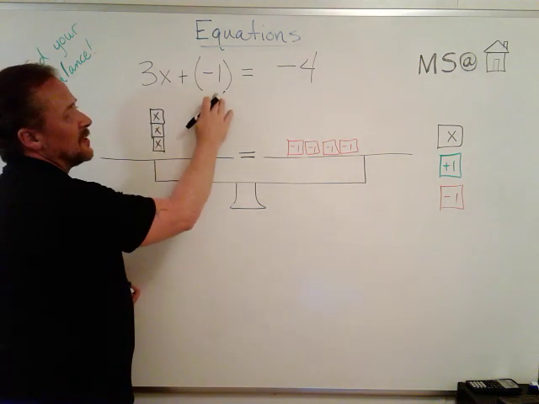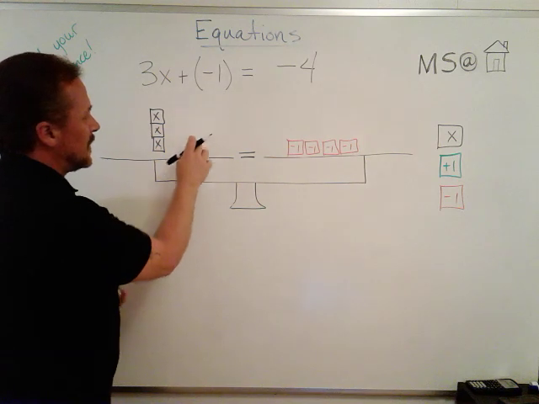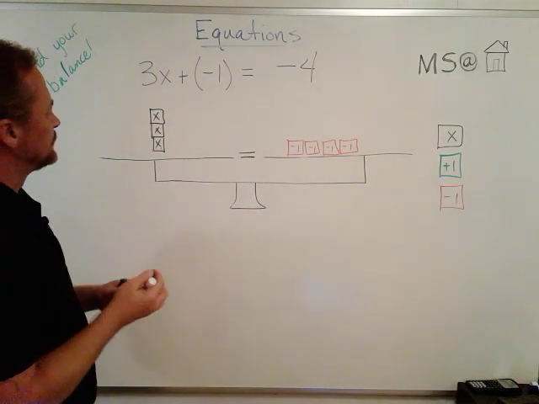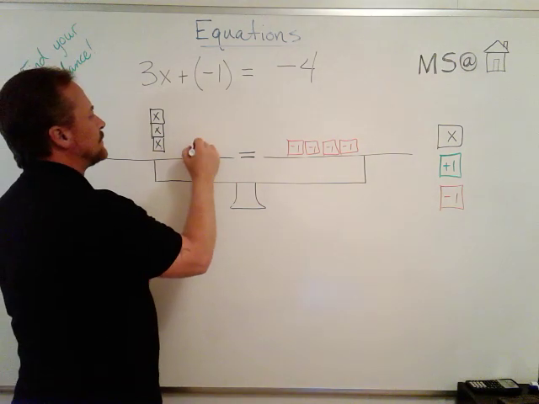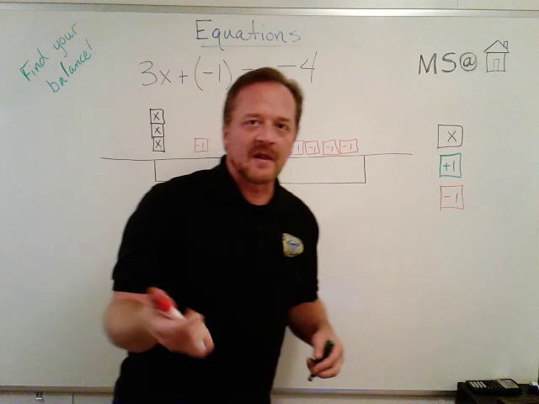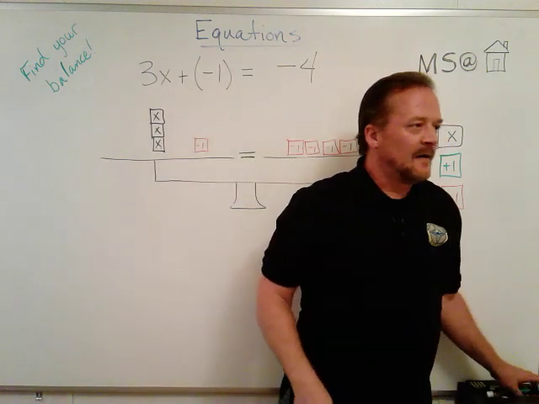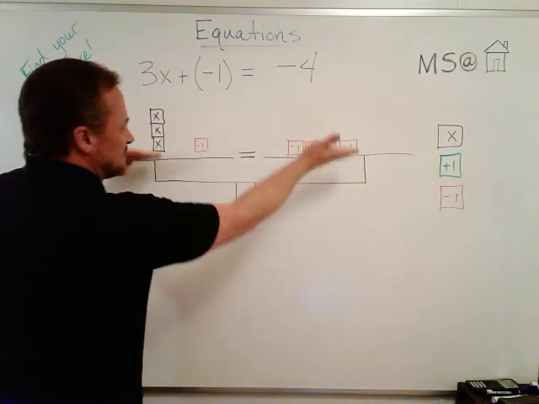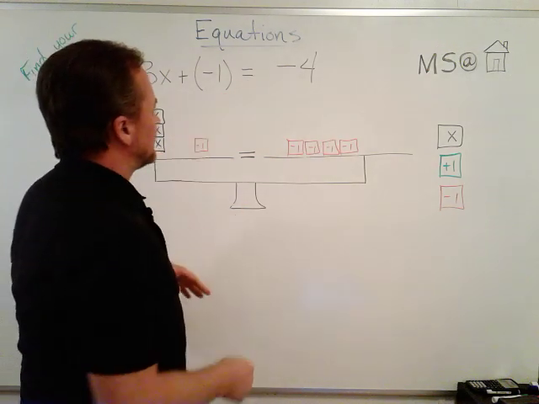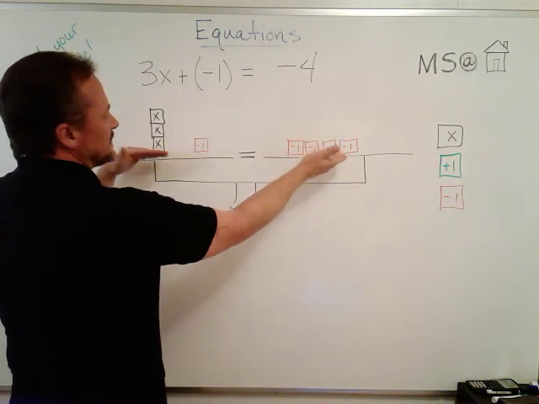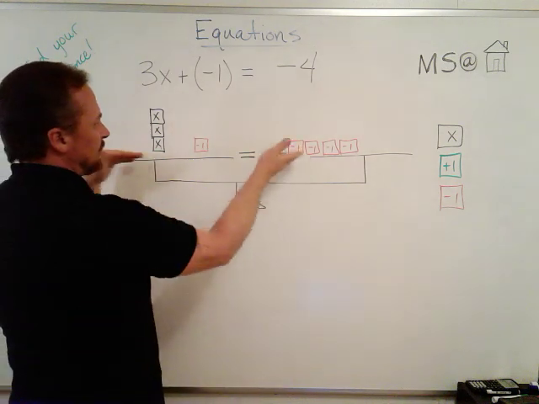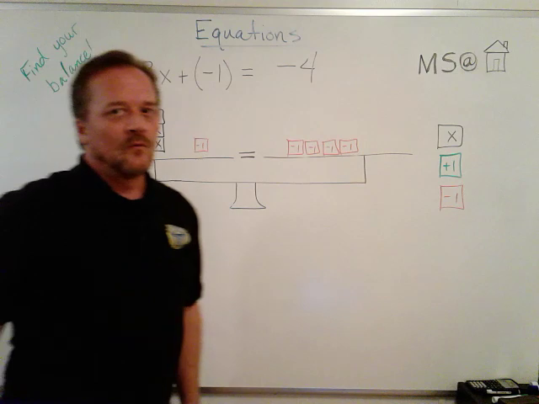But I also need to put a -1 on this side. So I'll get one more of those -1 blocks, and I'll put it right here. Now that I put these blocks on this pan balance, everything is nice and balanced, okay? This equal sign tells me that these are nice, balanced, and nothing is heavier than anything else. It's nice and balanced. What's next?